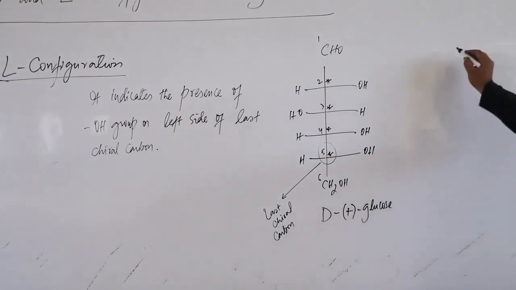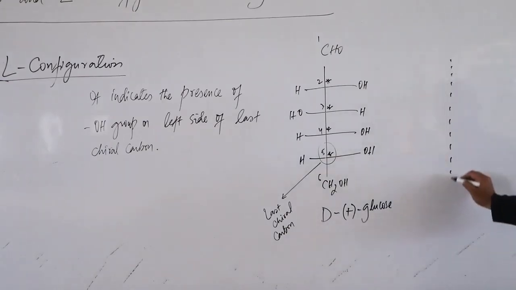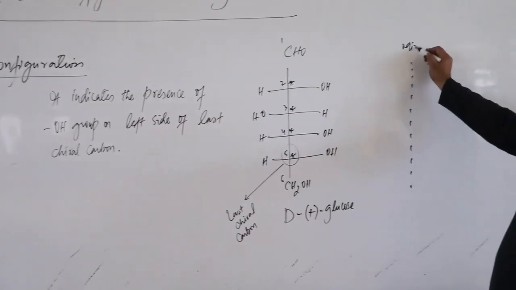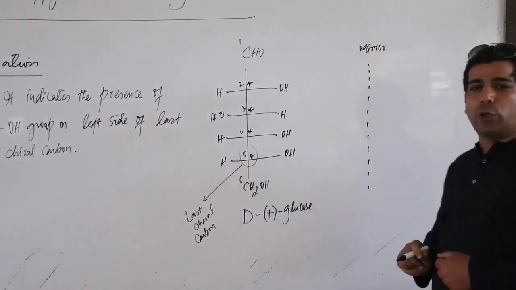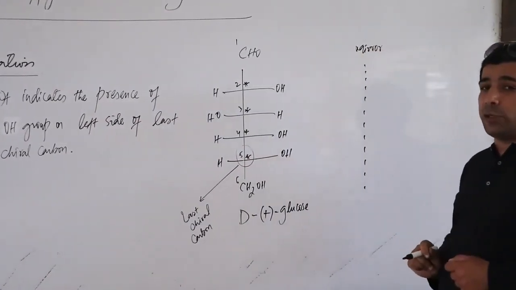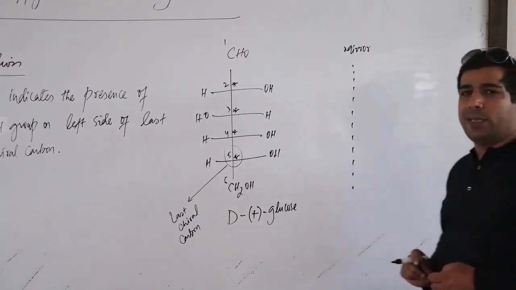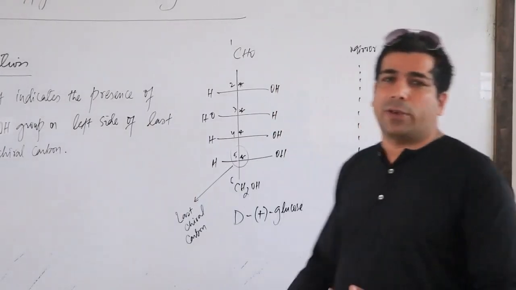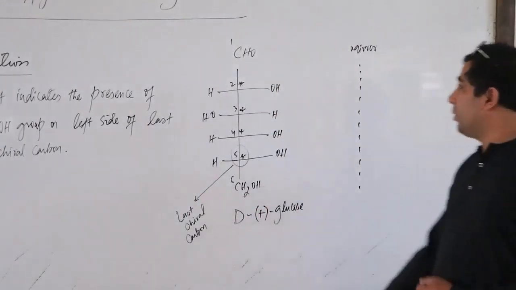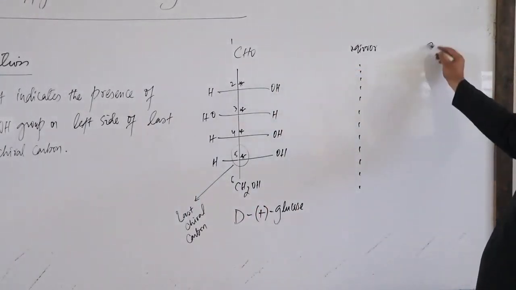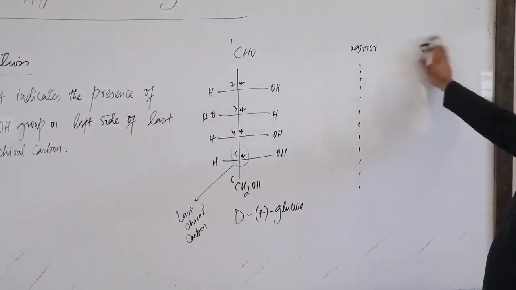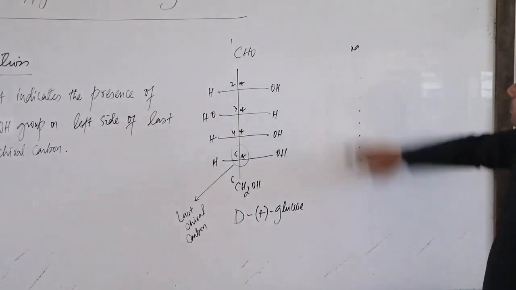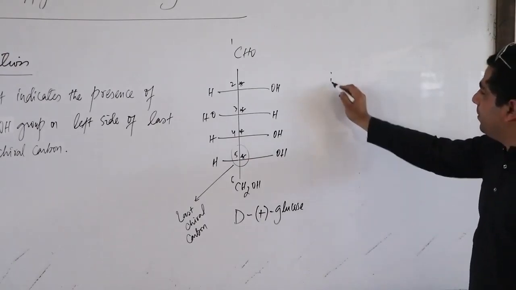Let me take the mirror image of this. If I take the mirror image, I will get an enantiomer, as I discussed. The enantiomer will have optical activity exactly opposite to that of this particular molecule. Have a look. CHO. Let me write down a little bit here so I will get some space.